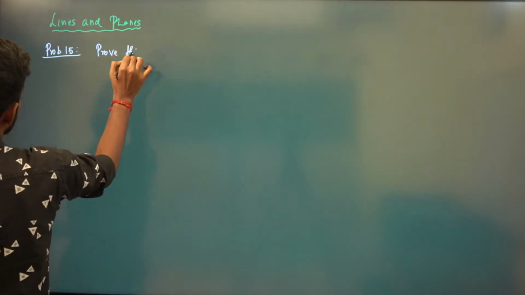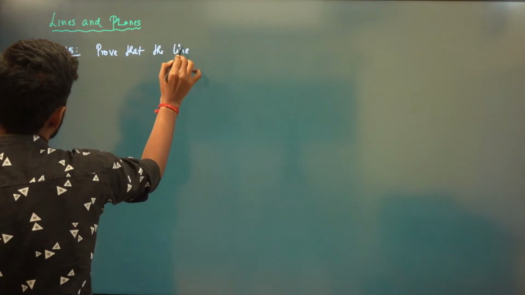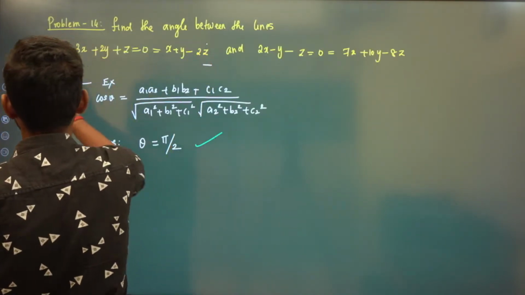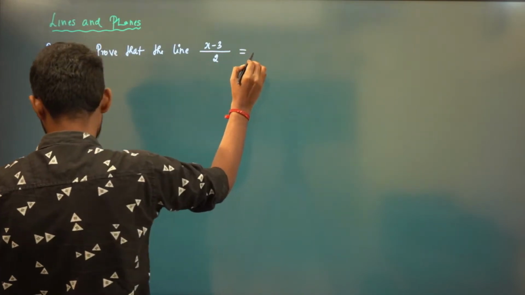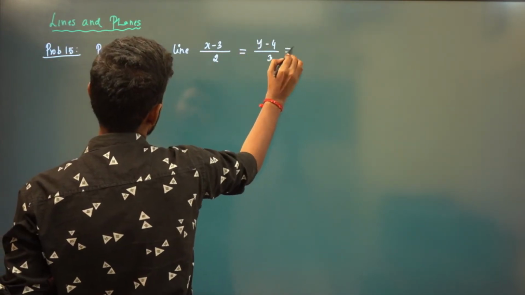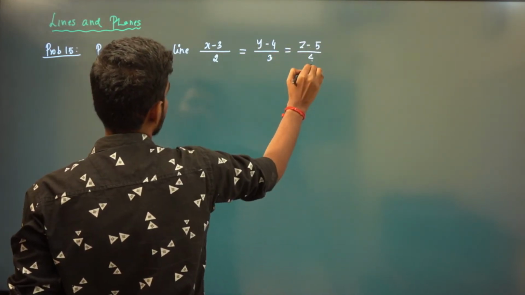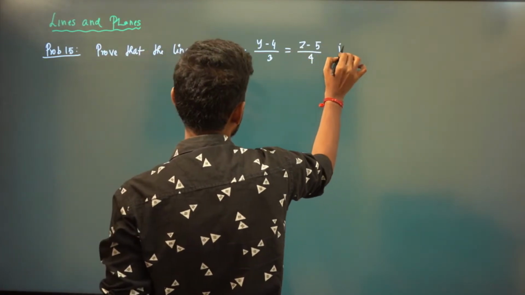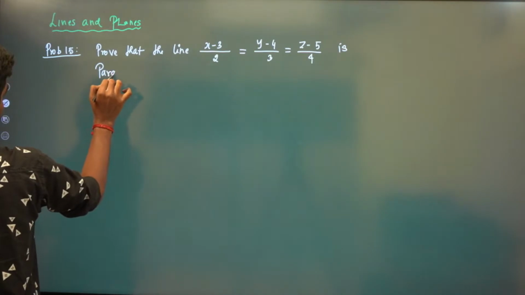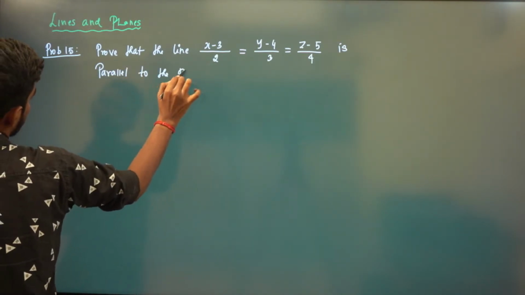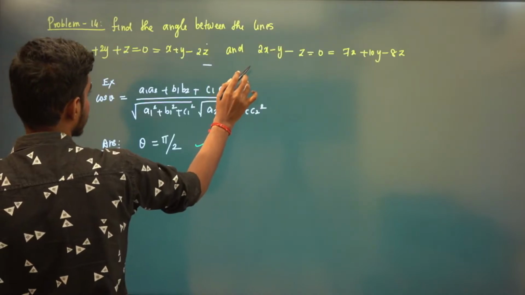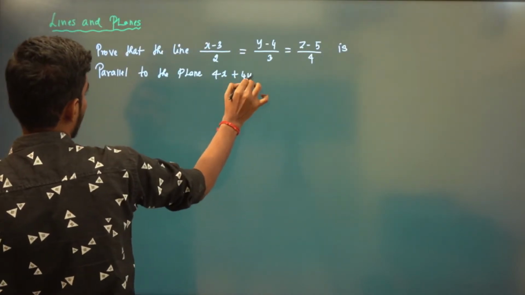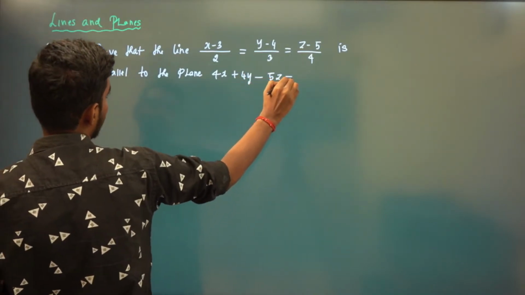Prove that the line (x minus 1) by 2, y minus 4 by 3, z minus 5 by 4, given in symmetrical form, is parallel to the plane 4x plus 4y minus 5z is equal to 0.